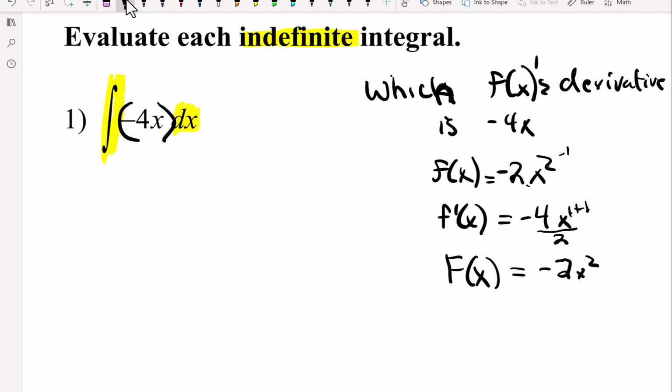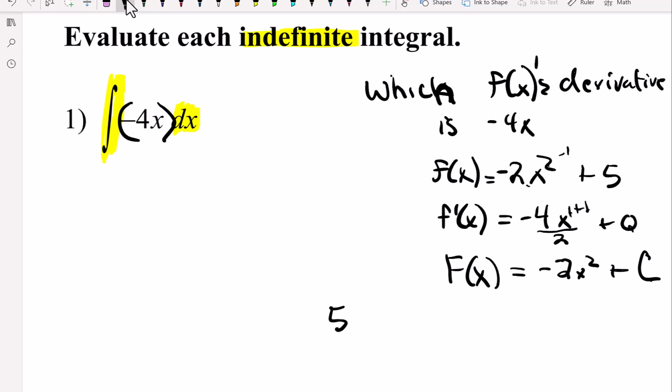Now, we're not done. Remember, if you have a number, let's say that there was a plus 5 there, or plus 1,000, the derivative of a number is 0. So the antiderivative of 0 is a number.